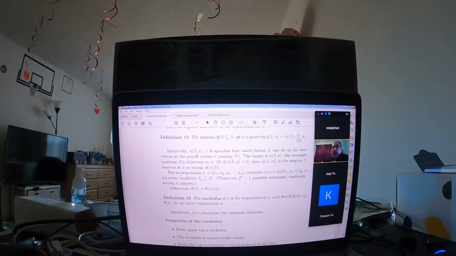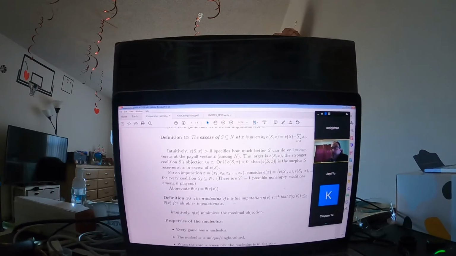What the nucleolus is going to do is go from the highest objection to the lowest objection. The presumption is that the higher the number, the stronger or more valid the objection of that coalition to that suggested outcome. And the nucleolus is going to try to lexicographically minimize.